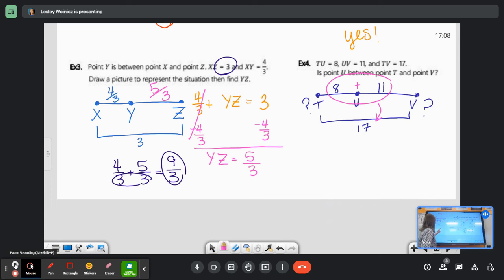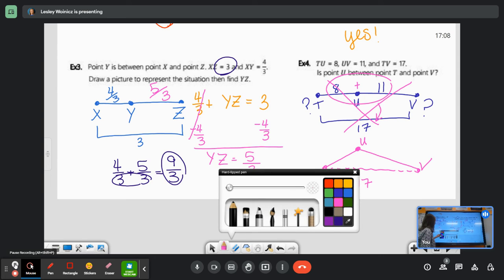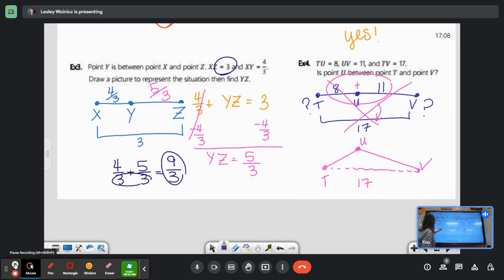So what's happening is that this is not the arrangement. It actually looks like this. Here's T, here's U, here's V. Okay, the distance between T and V, this is 17. It's shorter than the 8 plus 11.